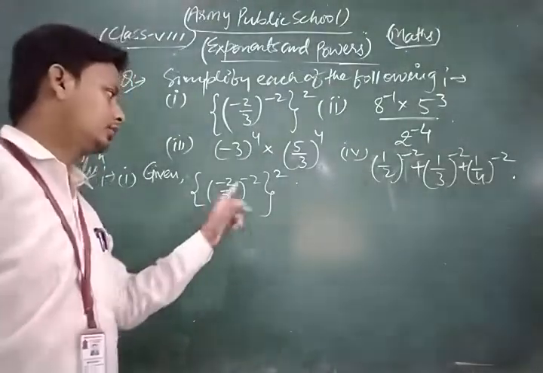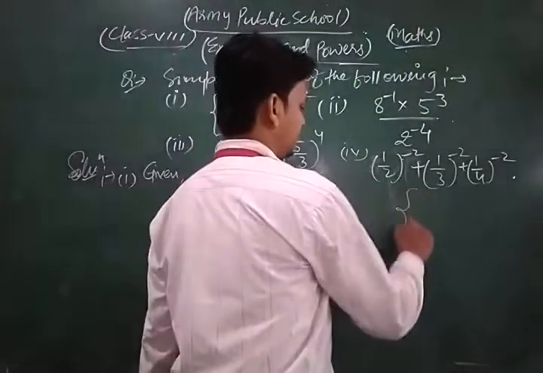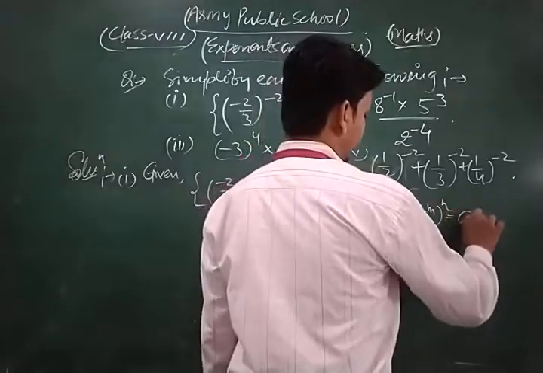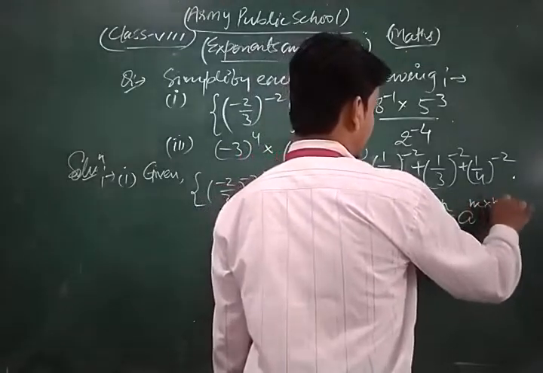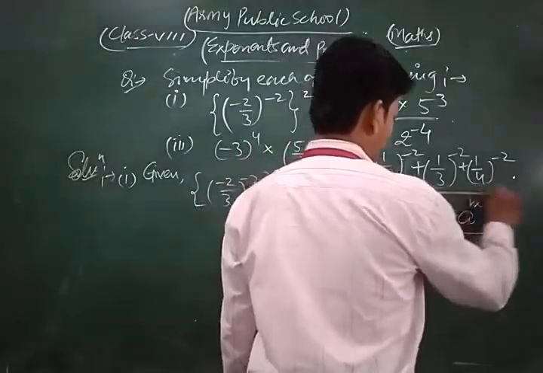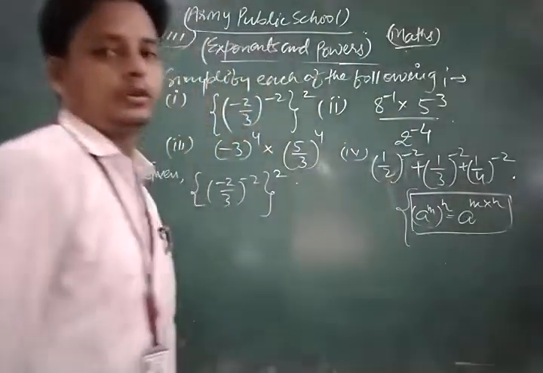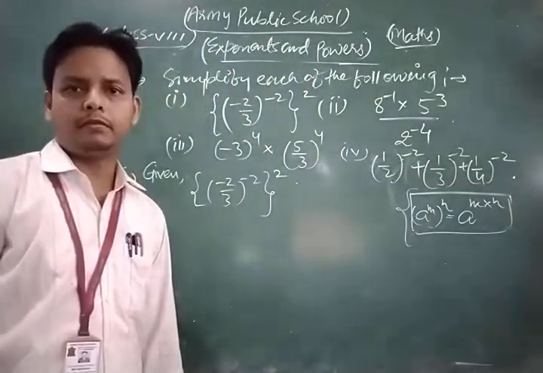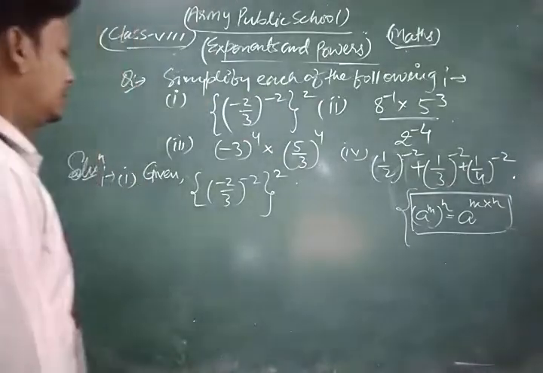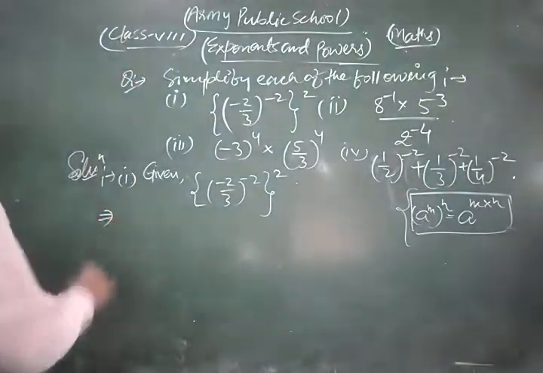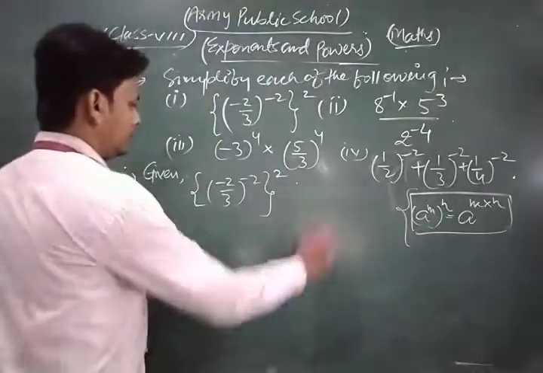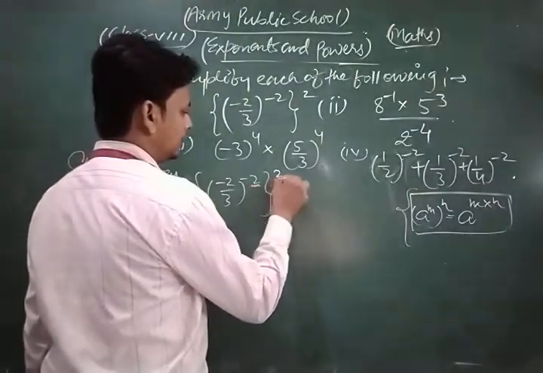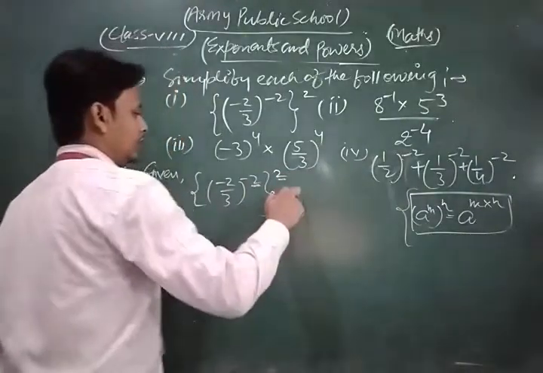For that, you know that (a^m)^n can be written as a^(m×n). Now look here, this is the value of m and this is the value of n.